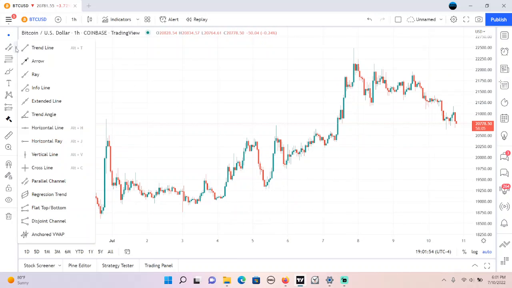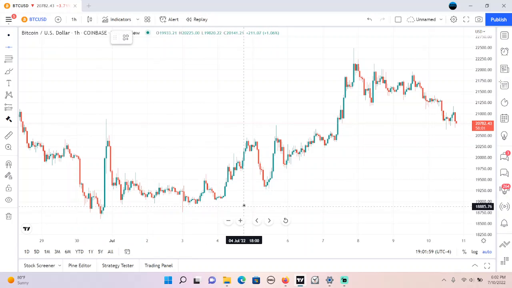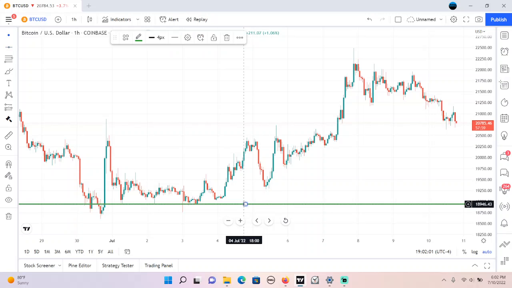It's a support from heading lower. So if we look on this 1 hour chart, we can see a support at 18,950.